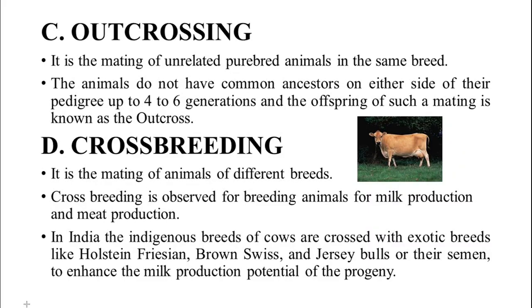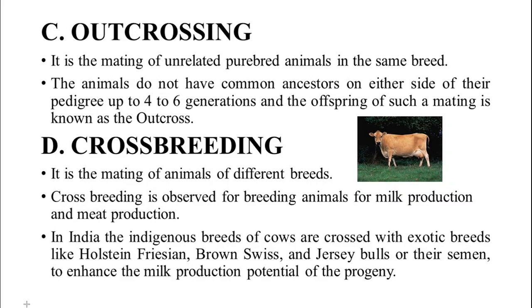Coming to crossbreeding, it is the mating of animals of different breeds. Here the mating takes place between different breeds, and it is practiced for better milk production and better meat production.